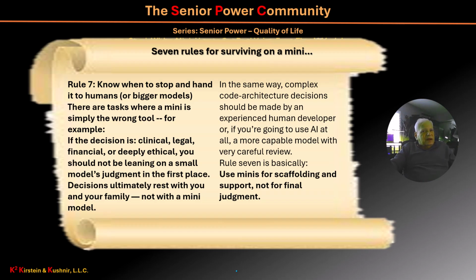In the same way, complex code architecture decisions should be made by an experienced human developer, or, if you're going to use AI at all, a much more capable model with very, very careful review. So rule 7 is basically use minis for scaffolding and support, not for final judgment.